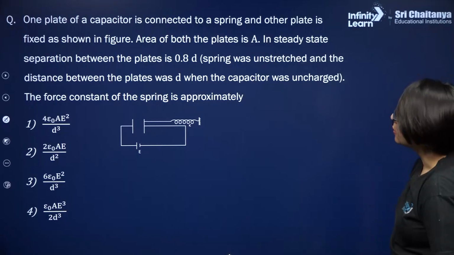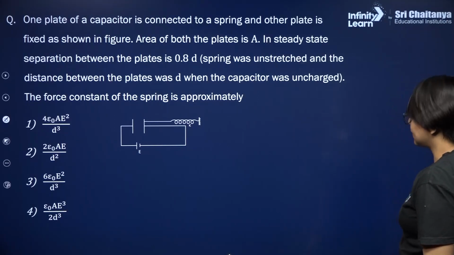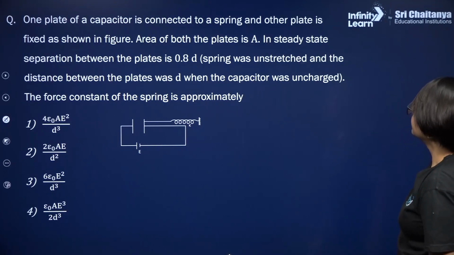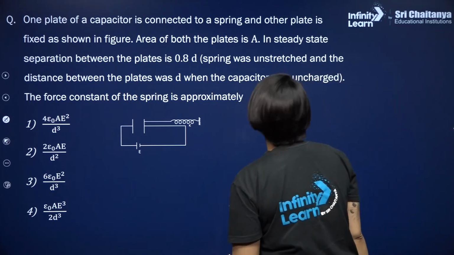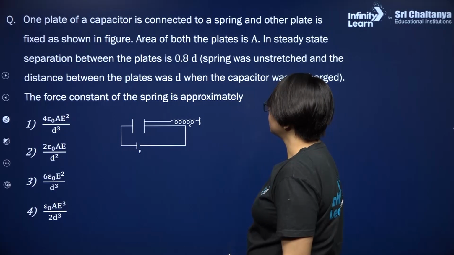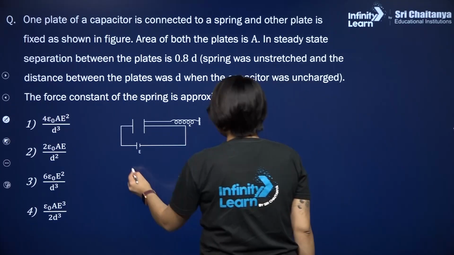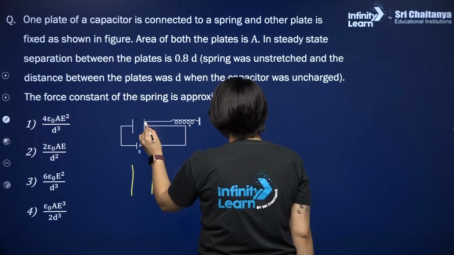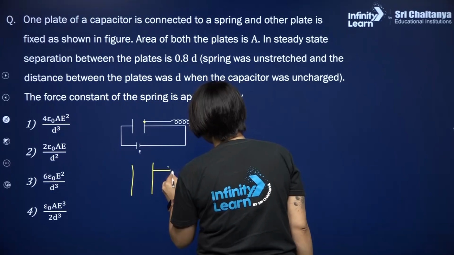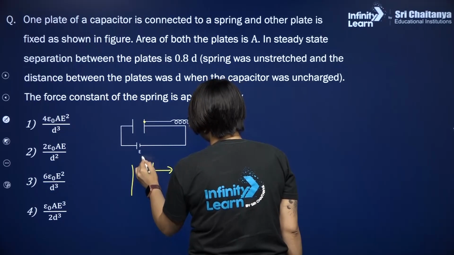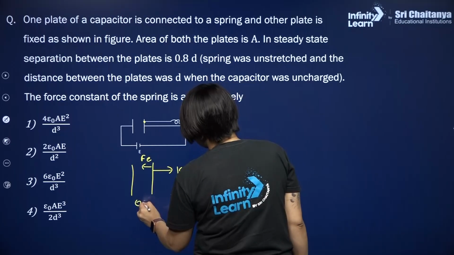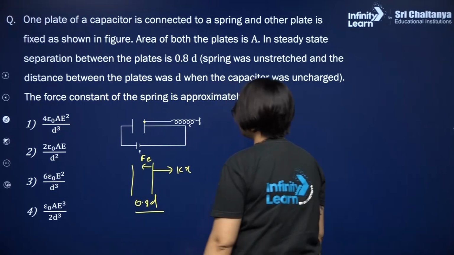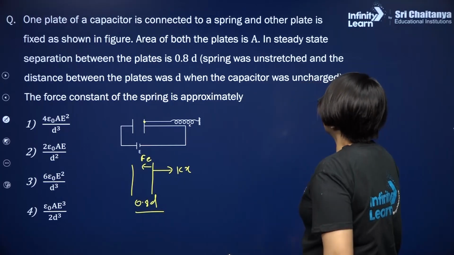Next is this one. One plate of a capacitor is connected to a spring and the other plate is fixed as shown in the figure. Area of both the plates is A. In steady state, separation between the plates is 0.8d. In steady state, that means net force is 0, when Kx and the electric force are balanced.